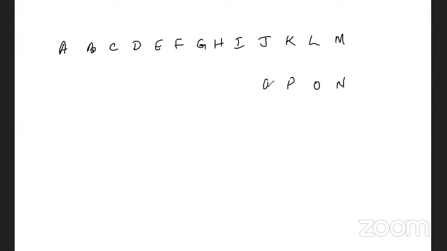You need to write down this: A, B, C, D, E, F, G, H, I, J, K, L, M, N, O, P, Q, R, S, T, U, V, W, X, Y, Z. And then you make a note of these numbers also.